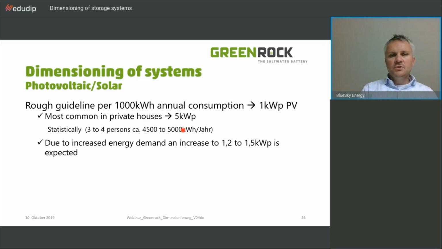And we are assuming that we are getting out of 1 kilowatt peak photovoltaic or solar about 1,000 kilowatt hours in annual energy. So the consequence would be that we have got on average a 5 kilowatt peak photovoltaic or solar system for common houses over here.